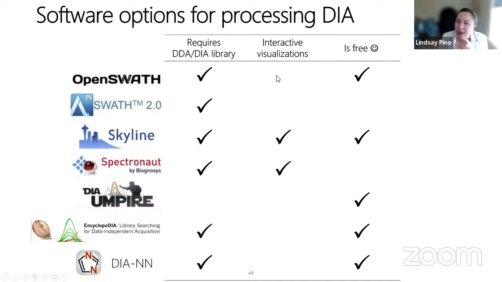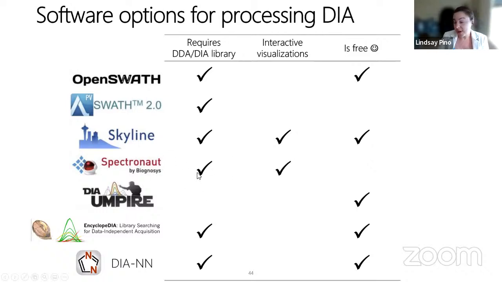It doesn't have a good way for you to interact with your data and visualize it. Same goes for Swath 2.0, which is kind of a commercial version, so it's not free. Skyline, which you're going to be doing tomorrow and Wednesday, does require some sort of library. We're not going to talk about different types of libraries, but it uses a library. You can interact with the data and it is free.